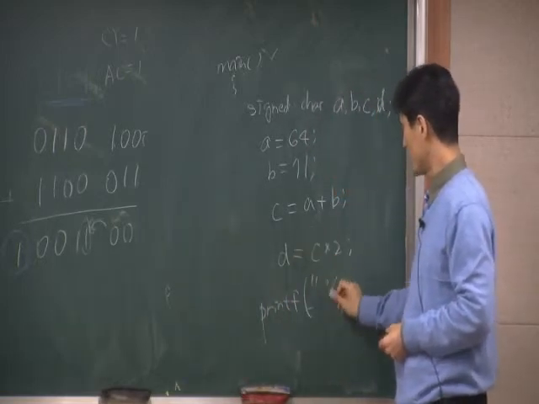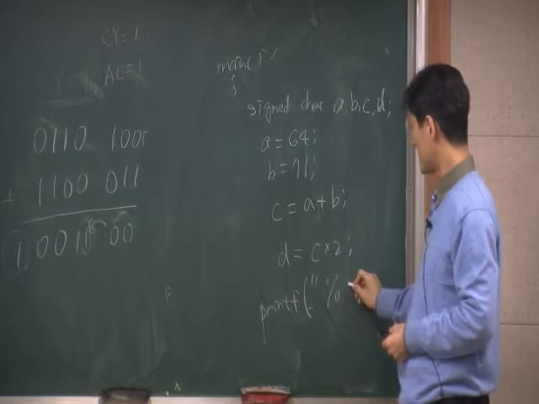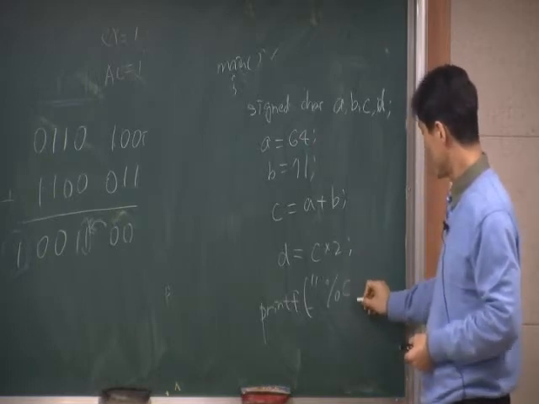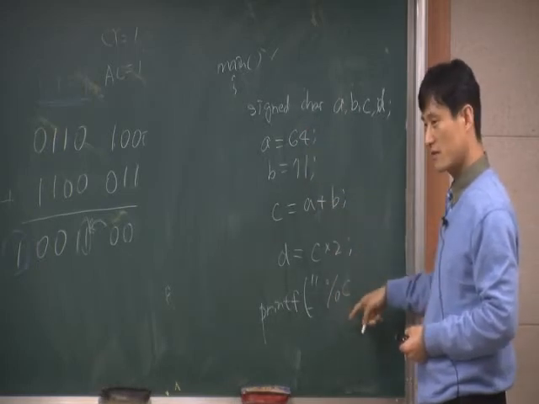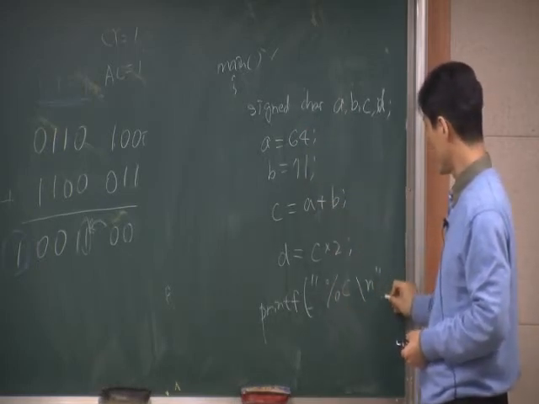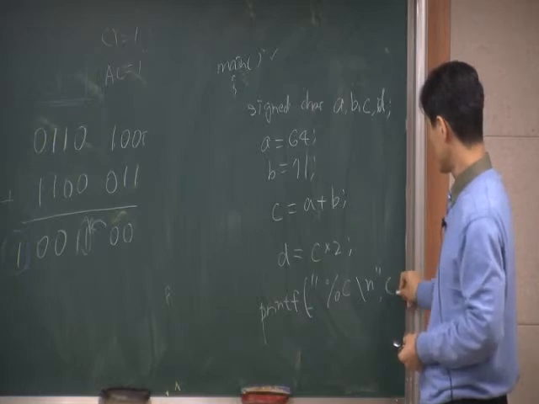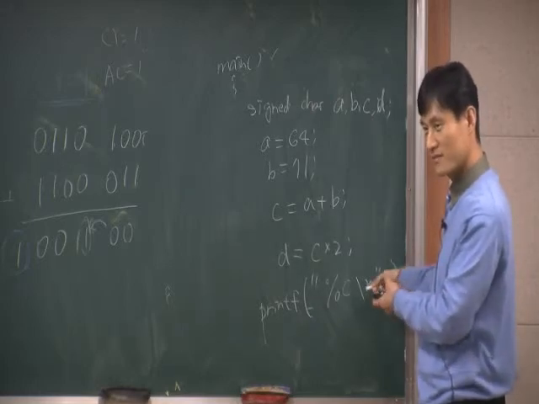Let's say this is what I want to do, and I do the printf, and I want to display. Signed character, still C, yeah. Anyway, so I want to print out C and also D, okay? You see my point, right?